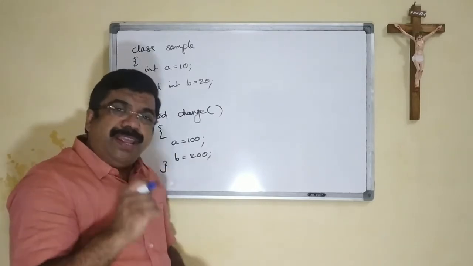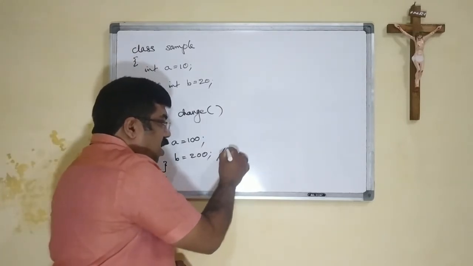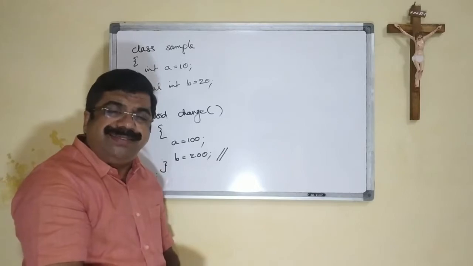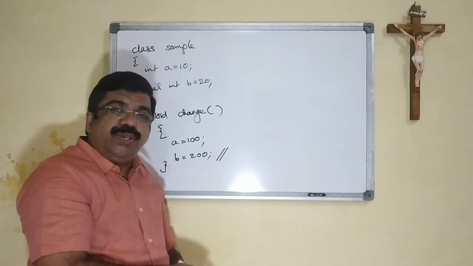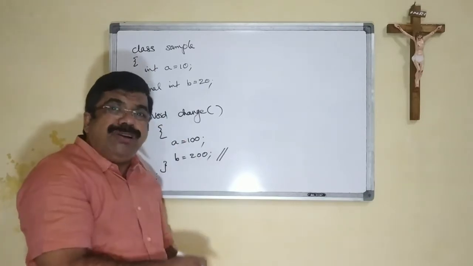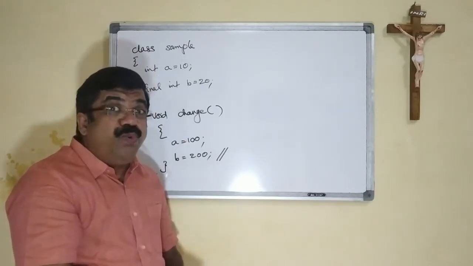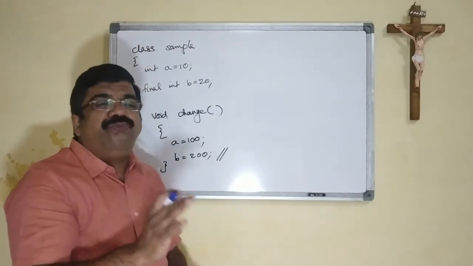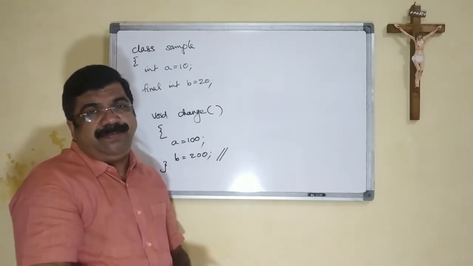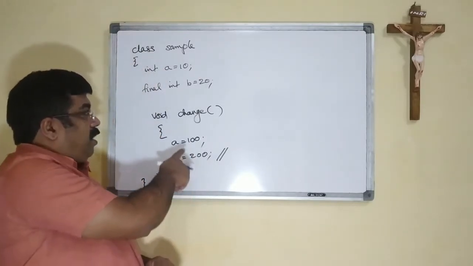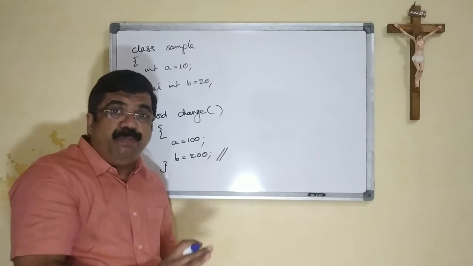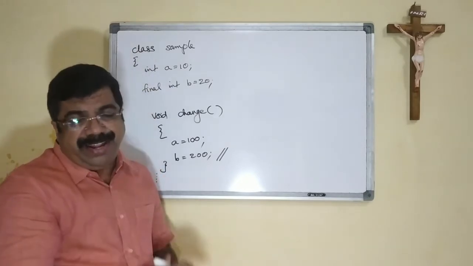So what will happen in this one? This line will be reported as an error. The reason is that constants, final variables, cannot be modified. So this is the first thing which I wanted to say. A final data item cannot be modified.